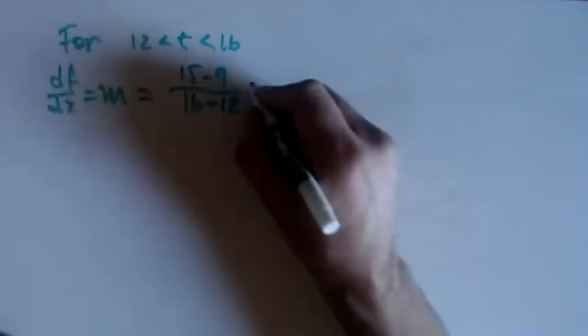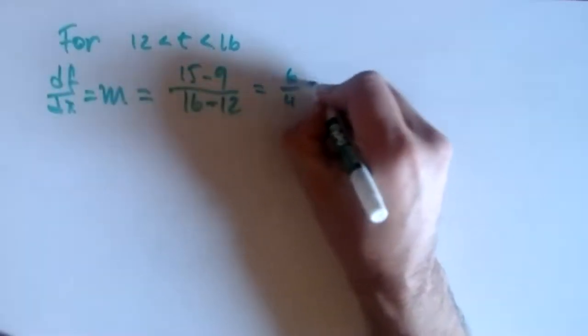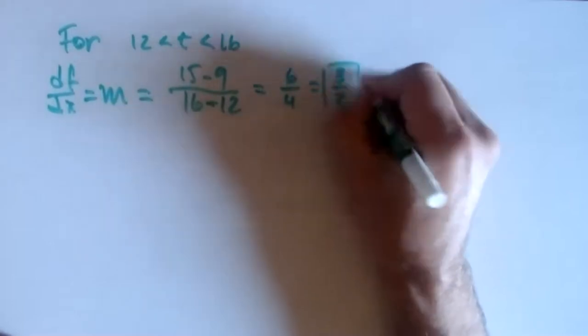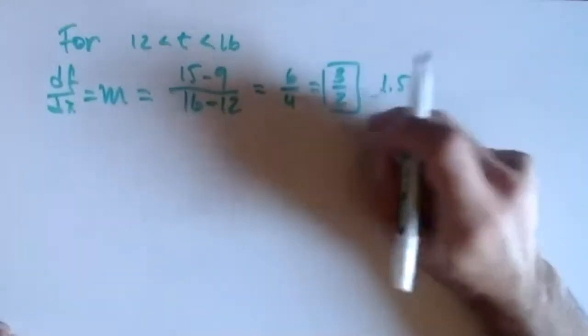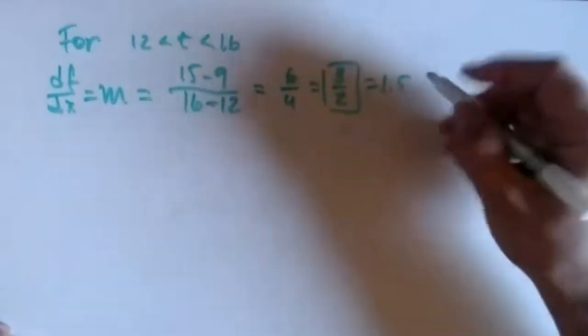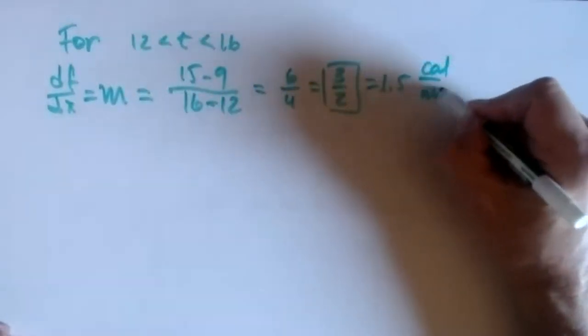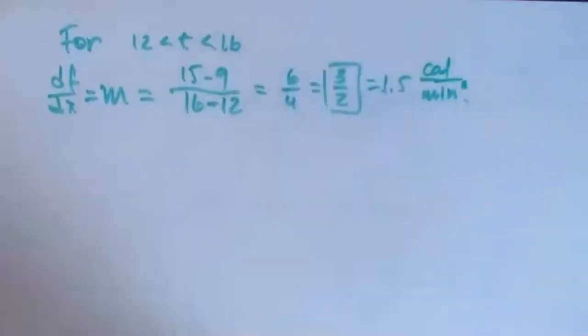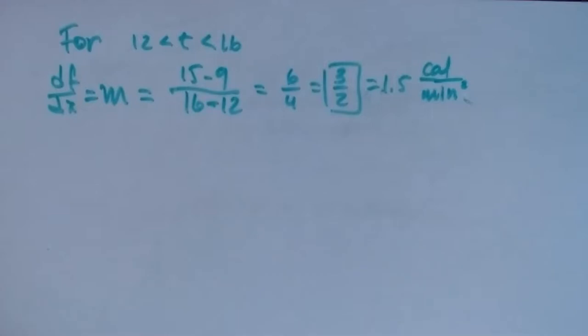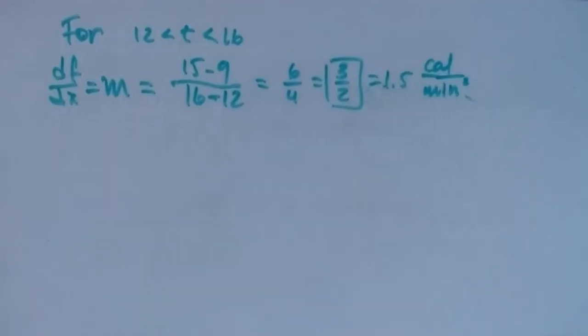So you get 6/4, 3/2, or 1.5, no problem. No units here, but well, we have to consider calories per minute squared. And well, what is the one we have?